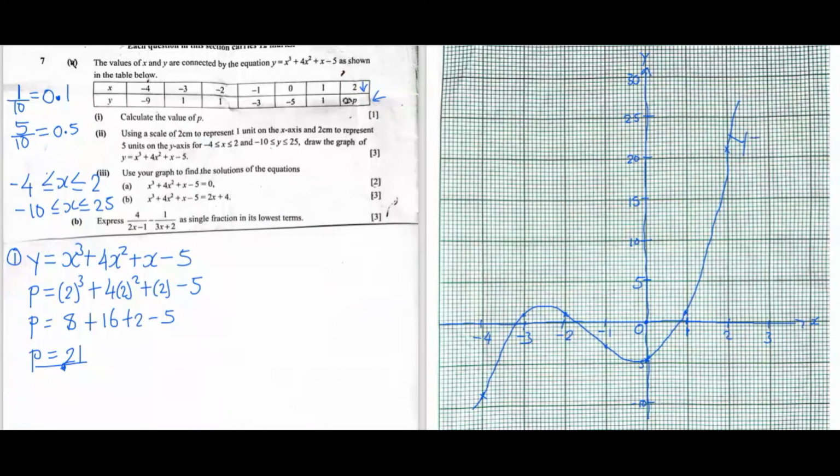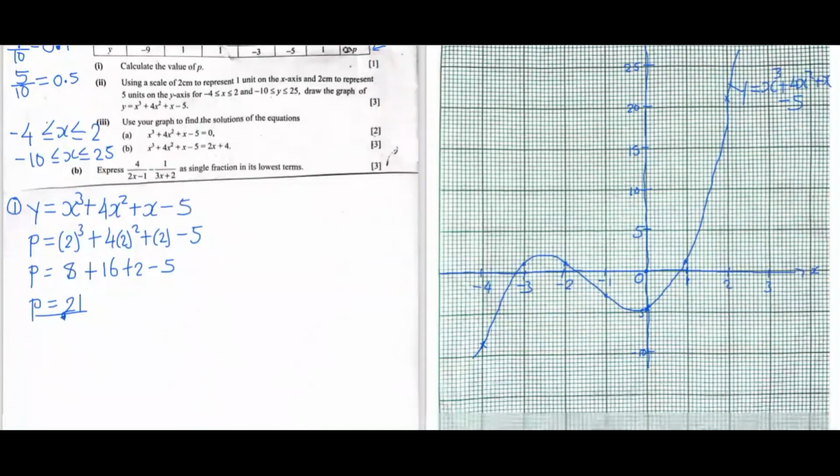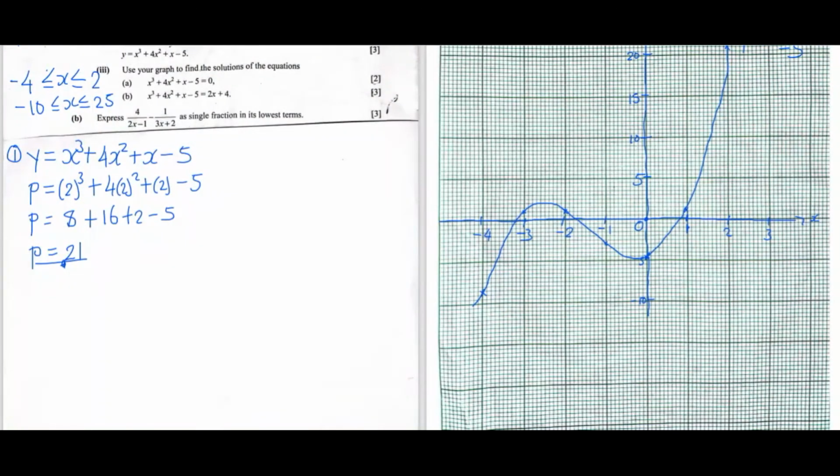So this is our equation: y is equal to x to the power 3 plus 4x squared plus x minus 5. For the first question, we have drawn the graph of this equation. Then the other question is to use your graph to find the solutions of the equations. Let's look at our first equation: x raised to the power 3 plus 4x squared plus x minus 5 is equal to 0.